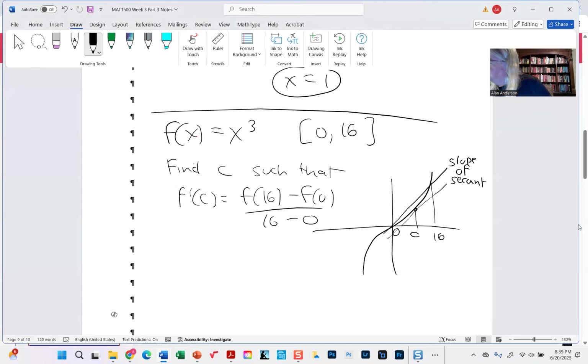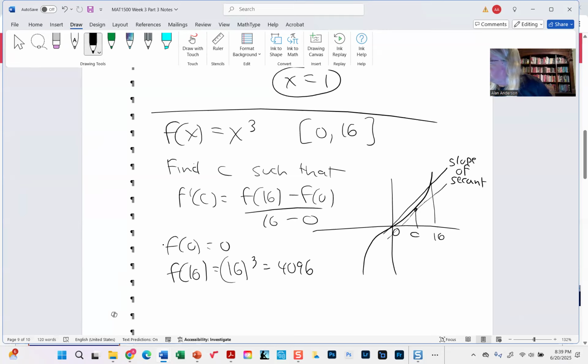First, we need to know f of 0 is 0. f of 16 is 16 cubed, which is 4096.